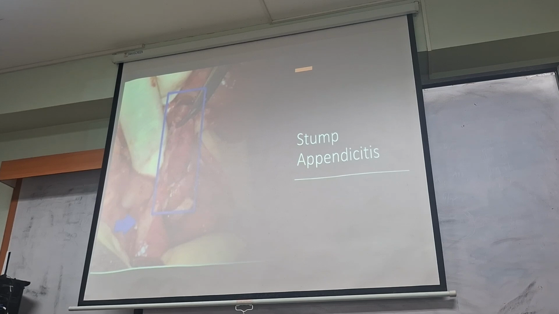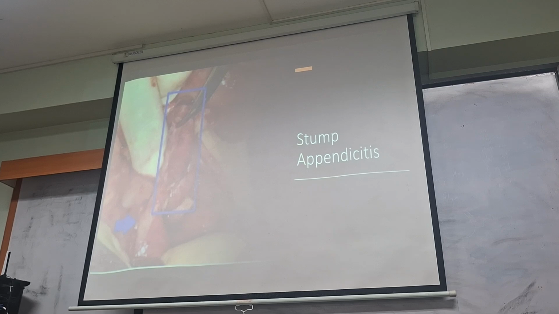There's also stump appendicitis. Now, we resect the appendix usually at the base, meaning at the junction between the appendix and the cecum. If there is an inadequate resection, meaning a little bit of appendix has been left behind, that might also get inflamed in the future.